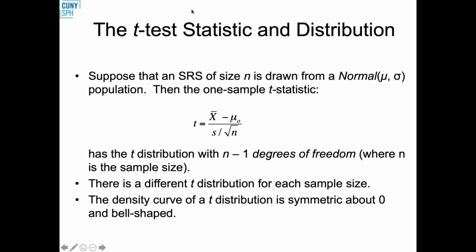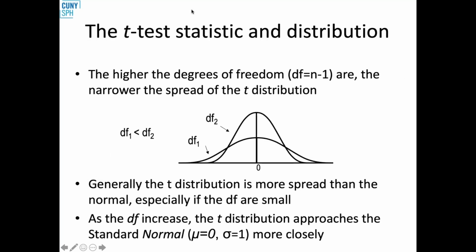Standard error is defined by the standard deviation of the sample, and remember, it's a small sample, so that can be very variable, over the square root of n. And we describe the t-distribution as having degrees of freedom equal to n minus 1.